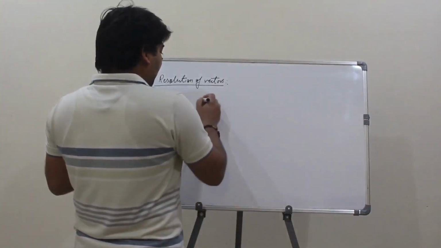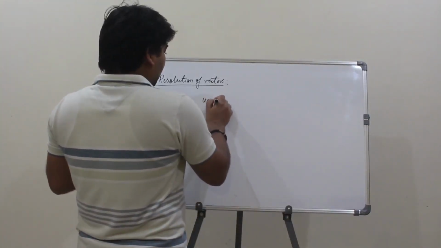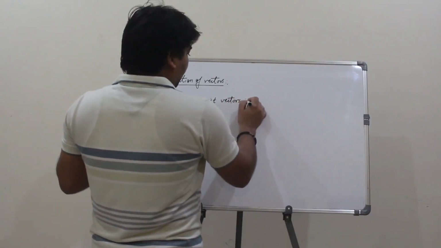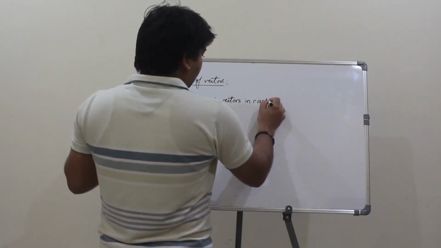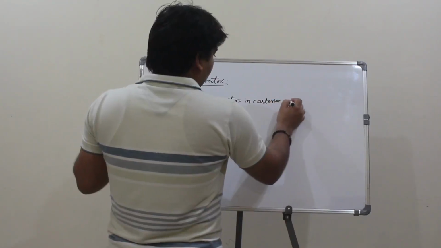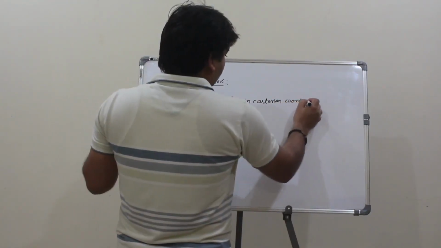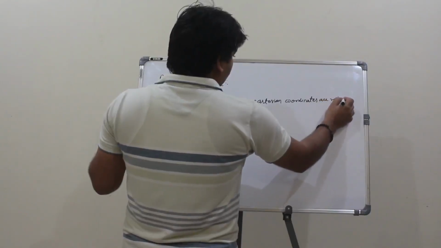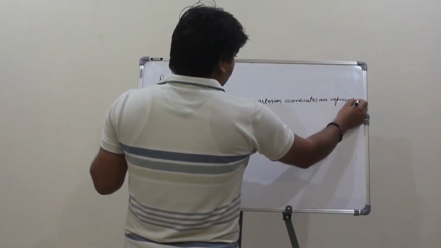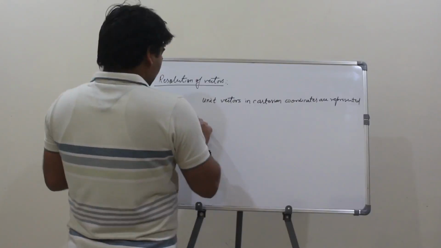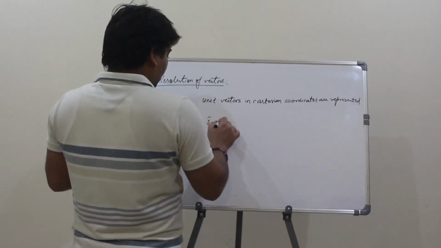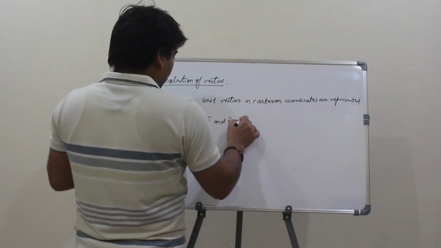So let us take a vector. Remember that unit vectors in Cartesian coordinates are represented by i, j, and k cap vectors.